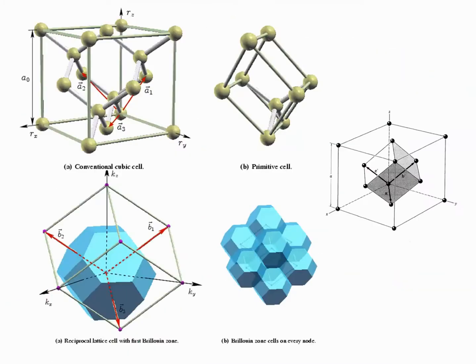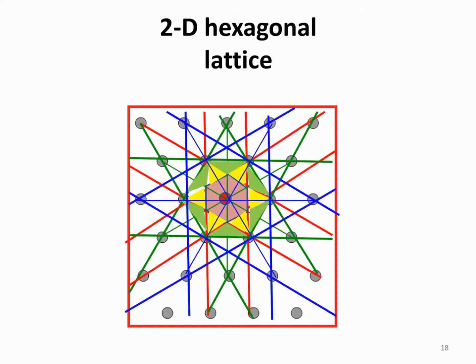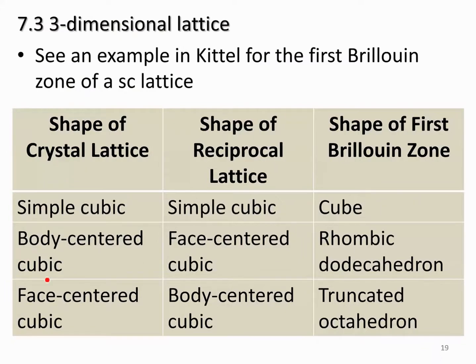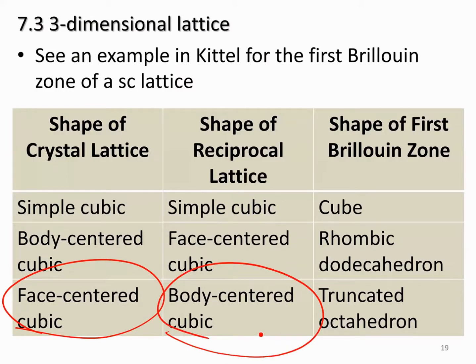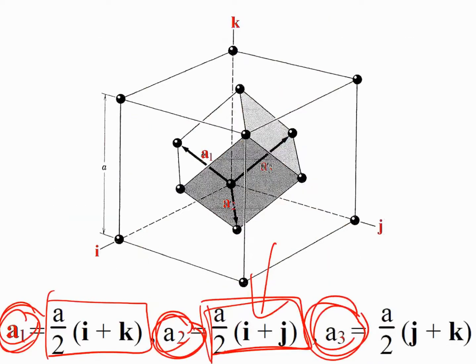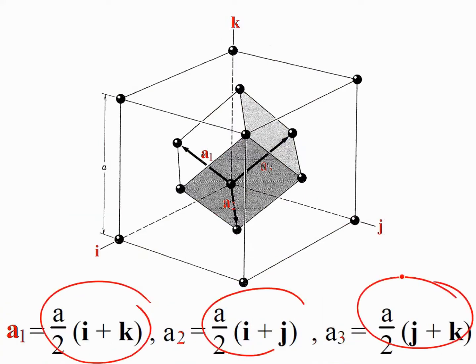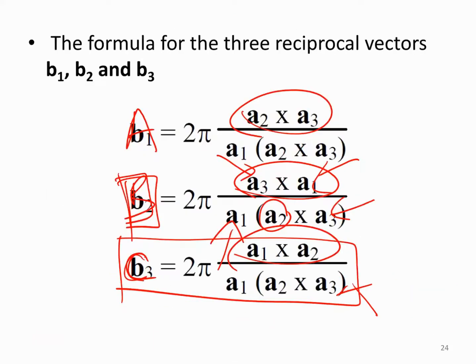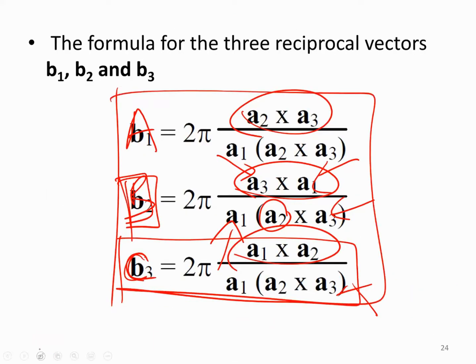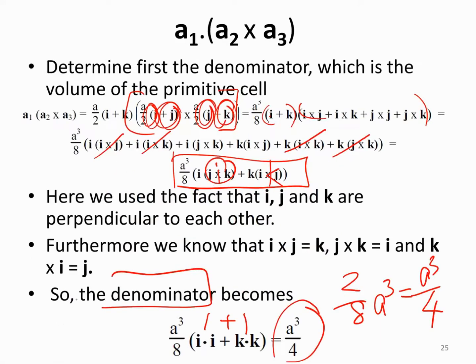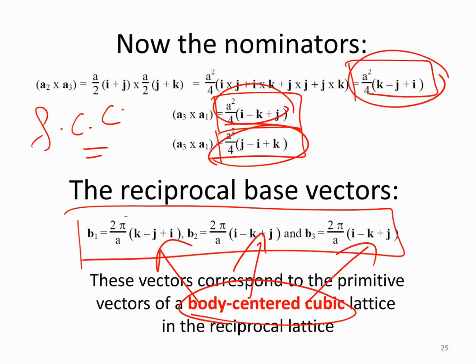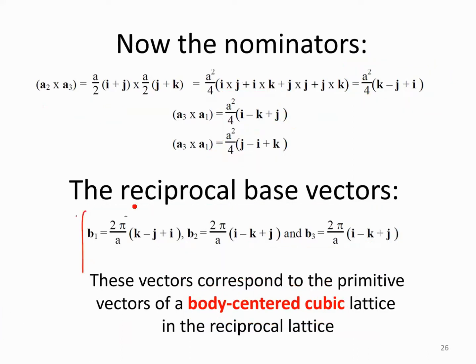Therefore, this table tells that if the shape of the crystal lattice, the real lattice, is face center cubic, when you convert it to the reciprocal lattice, it becomes body center cubic. Okay, so the real lattice is face center cubic. After you convert it through these 3 equations, and then go through some simple vector calculation, then you will get these 3.